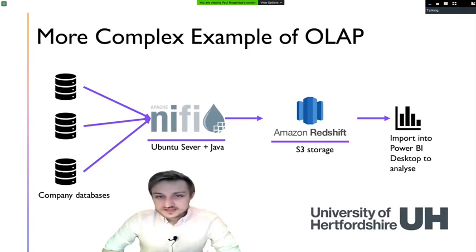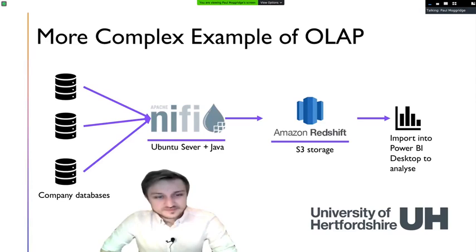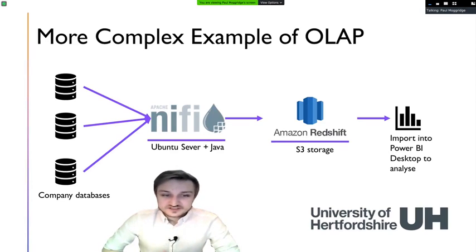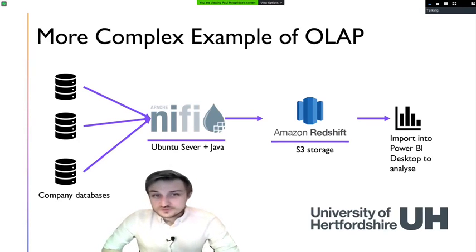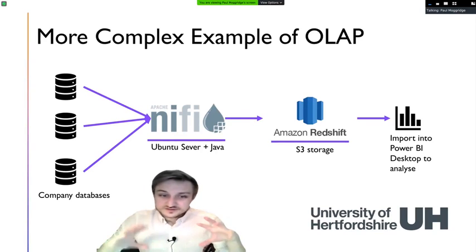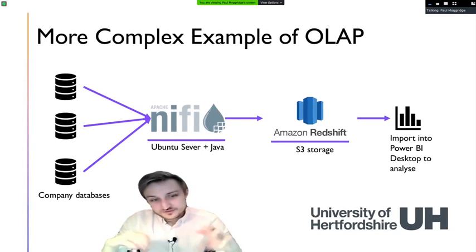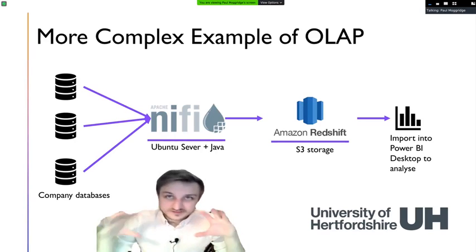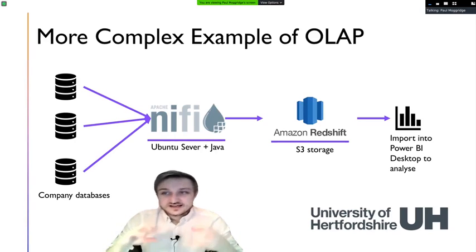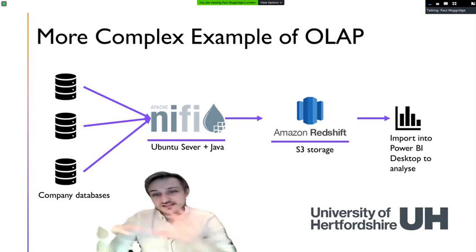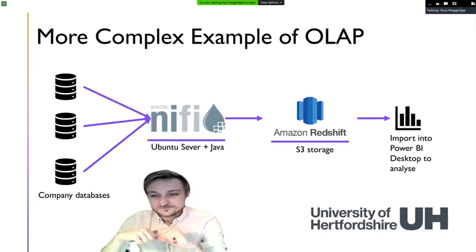A more complex, more commercially applicable example of OLAP is using something like Apache NiFi and Amazon Redshift. So with this, you may have several company databases from different divisions of the company or different brands, and you'd use the ETL tool Apache NiFi to aggregate all that data and transform all that data, and then load that into Amazon Redshift.